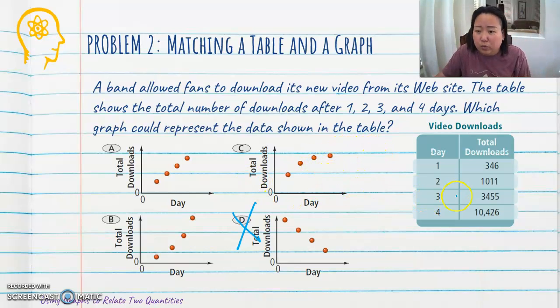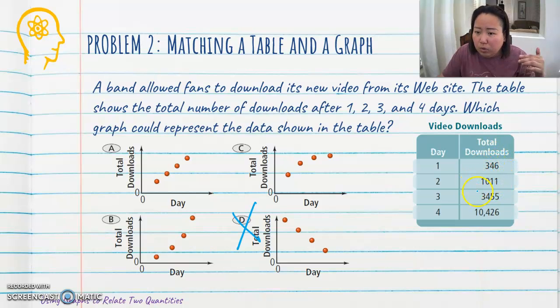So how can you describe the increase in the values on our table? Definitely the increase is not a steady increase. From 346 it became 1011, so that's an increase of 700 more or less.